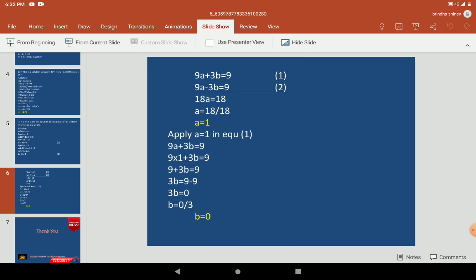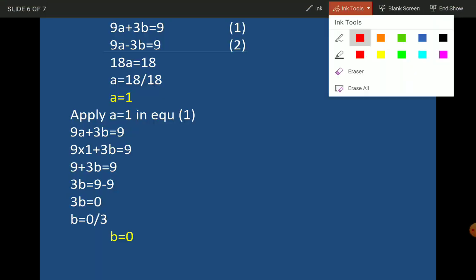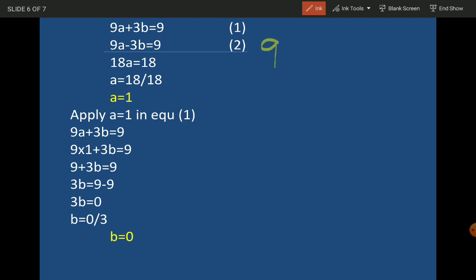Here we write equation 1: 9a plus 3b equal to 9, and the second equation 9a minus 3b equal to 9.